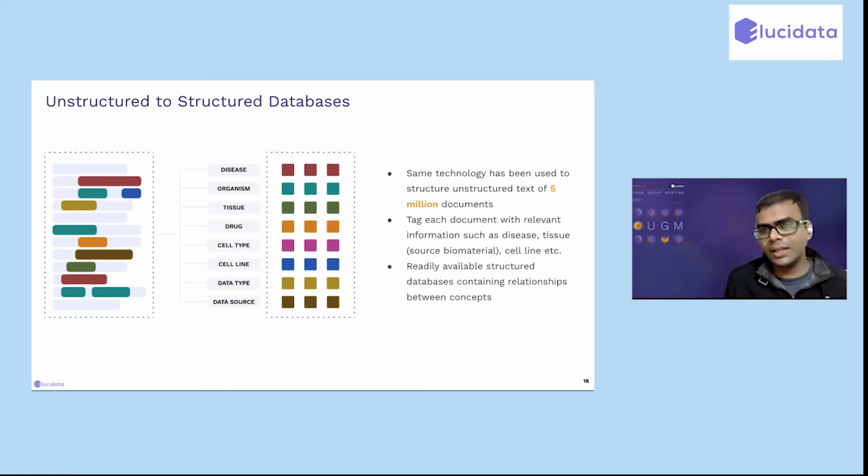So this is only metadata curation. We have done that for around 5 million documents so far, and we are going to do that for more. And that's another way to utilize whatever technology we have developed so far.